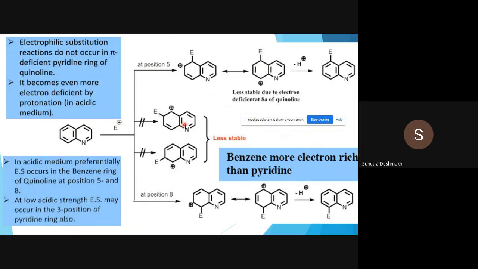See, pay attention that this pyridine ring is aromatic over here. So in this structure, you can say maybe this carbon atom can shift over here, and this positive charge can shift here. But this is not possible because we cannot break the aromaticity of the pyridine ring.